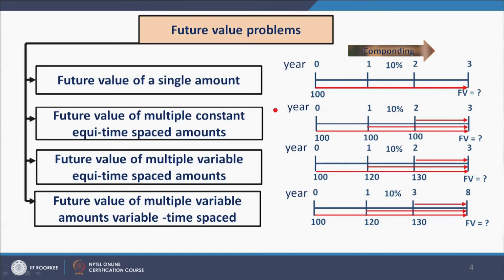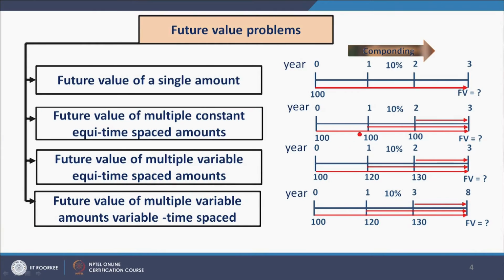The second is the future value of multiple constant time-spaced amounts. Here we see that at 0 I am investing 100 rupees. At the end of 1st year I am again investing 100 rupees. At the end of 2nd year again I am investing 100 rupees, and at the end of 3rd year I want to know the future value of all these 3 amounts.